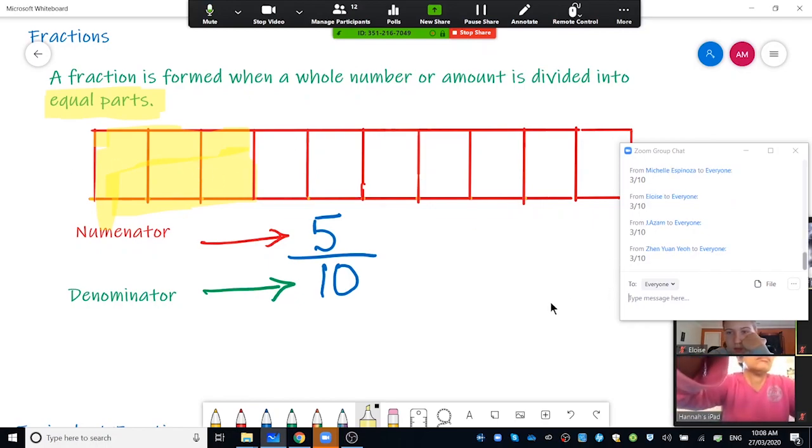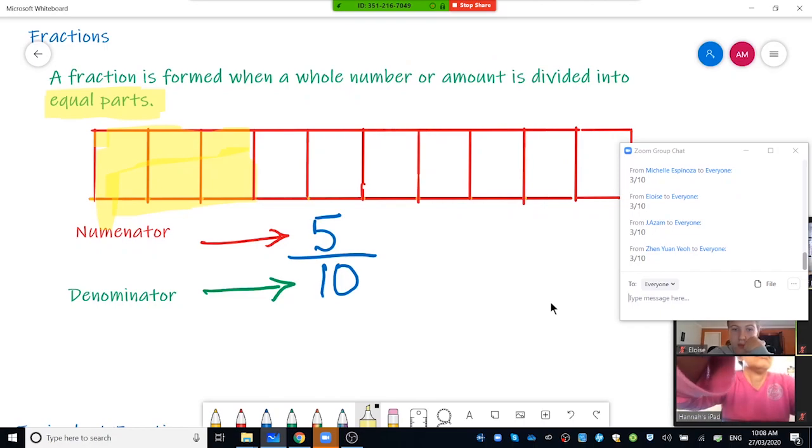Very nice. The students are interactively writing that it's 3 over 10. And let's make it more. For example, I am highlighting even more. So if it is like this, what is this? Very good, very good. So it becomes 9 over 10.